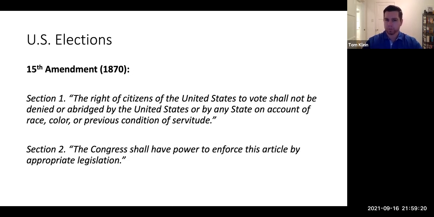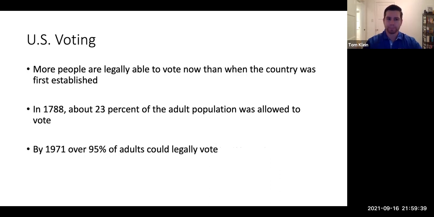Remember, this was a Civil War amendment. It was ratified 5 years after the conclusion of the Civil War. And when they say previous condition of servitude, they're saying former slaves have the right to vote. You can't prevent someone from voting because they used to be a slave, they used to not be a citizen. Okay, so a very important amendment we have, the 15th Amendment.